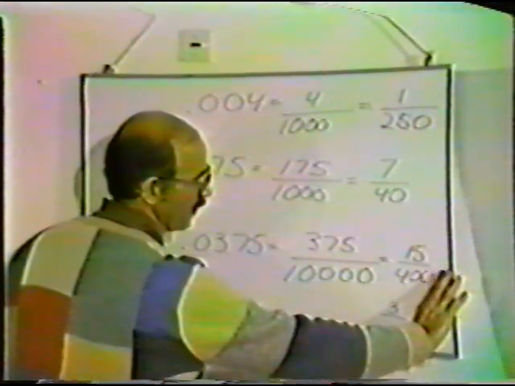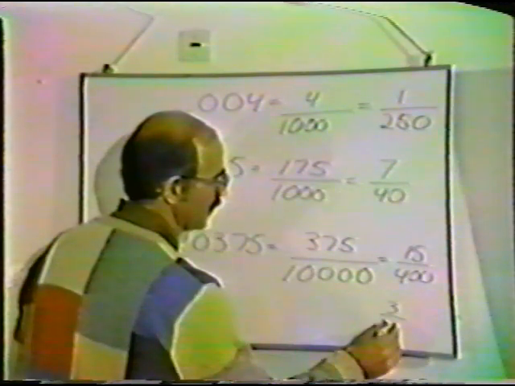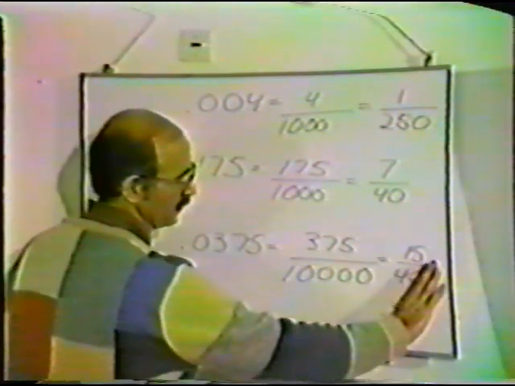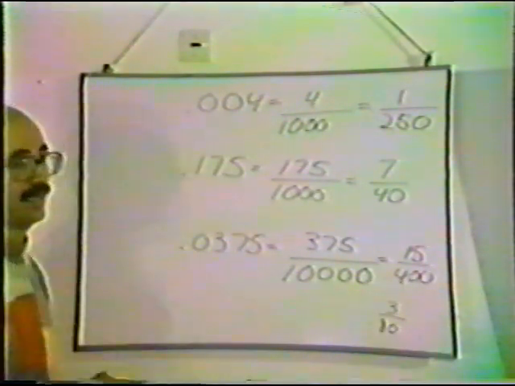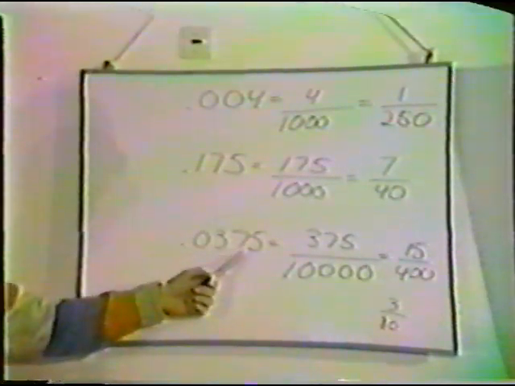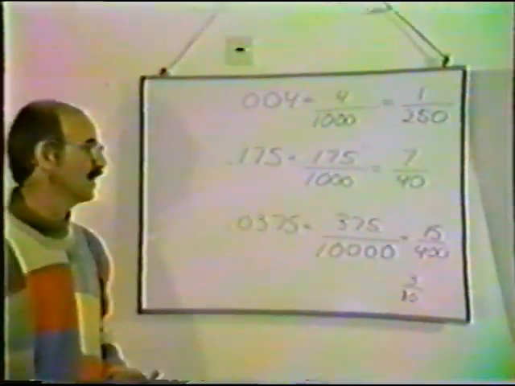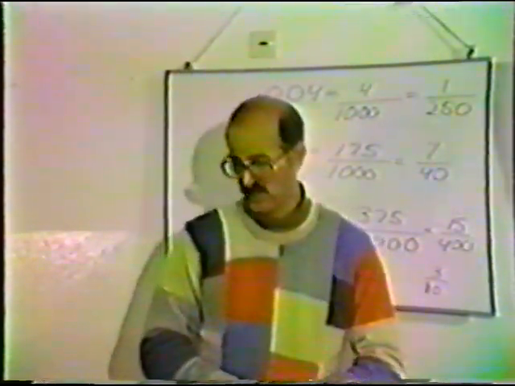So into 400 is? 80. So that's a nice trick, being able to cover up this 0 and then uncovering it to get your final answer. So 375 10,000ths reduces to 3/80ths.